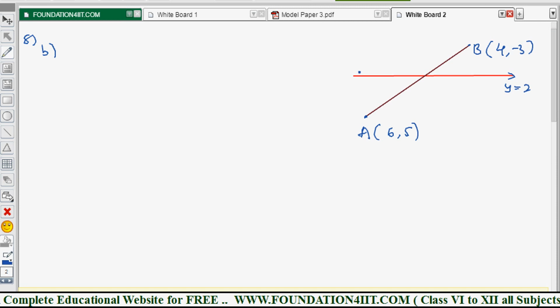The equation of this line is y is equal to 2. It is touching at the point P and dividing in the ratio k is to 1. This is the diagram. So let P divide AB in the ratio k is to 1.